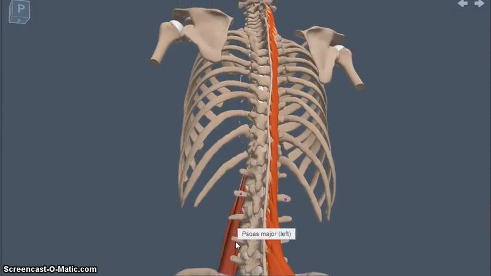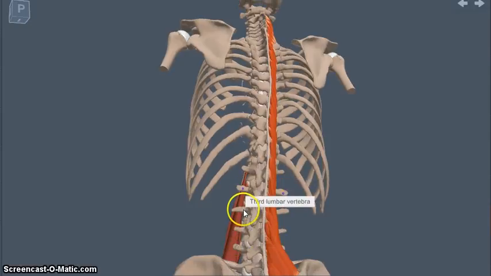And of course you're going to have transverse processes coming out. The third lumbar vertebrae transverse process is going to be the longest. The fifth is where the iliolumbar ligament attaches, and the length of it varies, and we'll talk about that more in level 2 and the reasoning behind it.